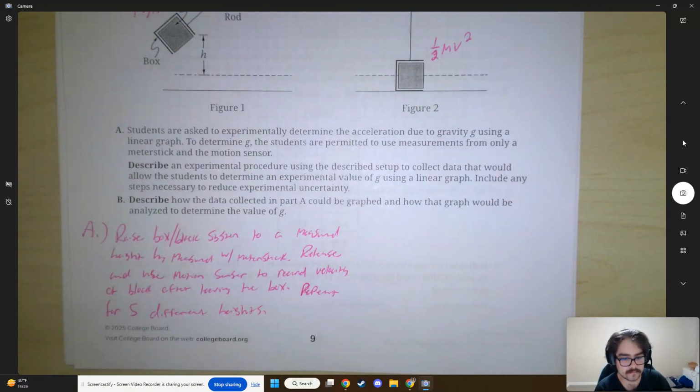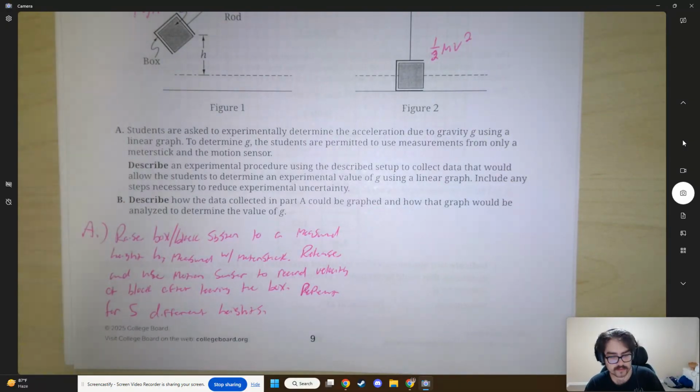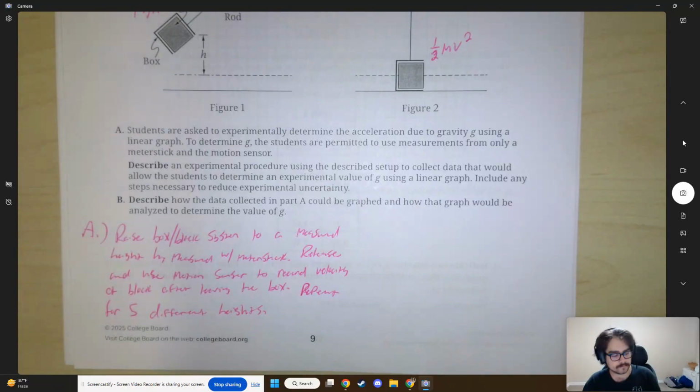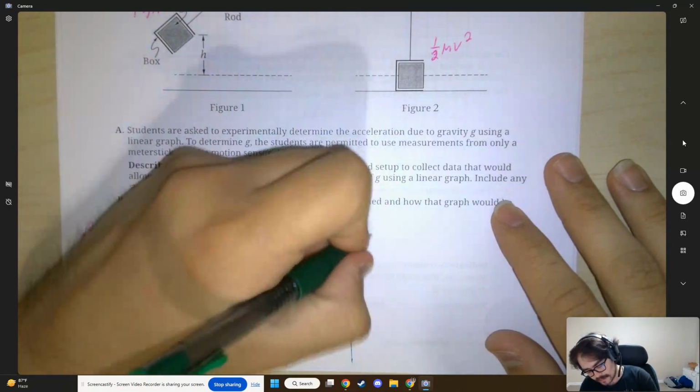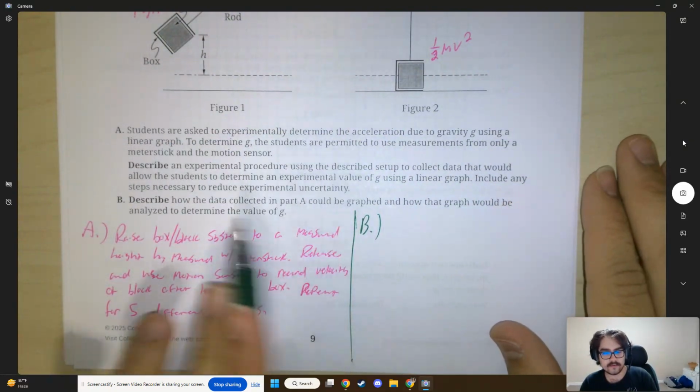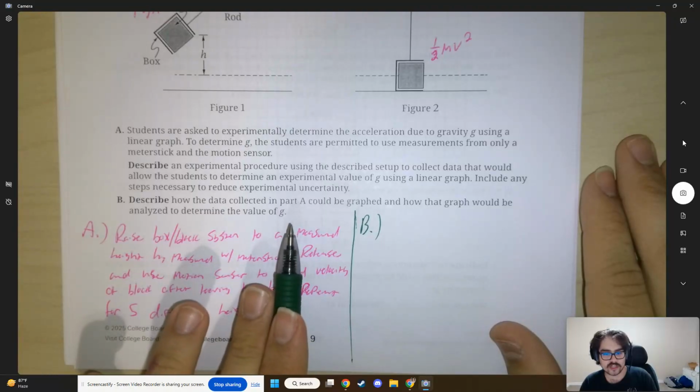Okay. For 5 different heights. So if we lift the block up, we're going to lift it up different heights each time. And then part B is going to ask me about how I can graph the data and how that graph is going to be analyzed to determine the value of g.